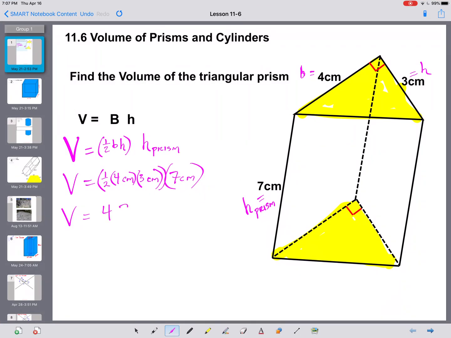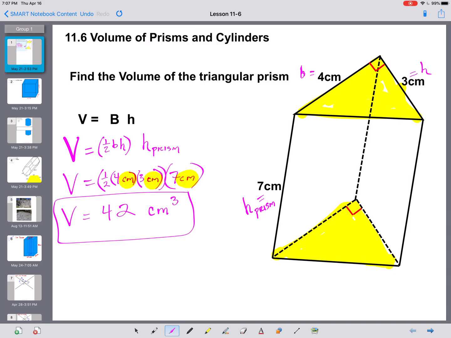Now, take a look at our units. We have centimeters times centimeters times centimeters. With volume, we're going to get centimeters cubed. What does that mean?